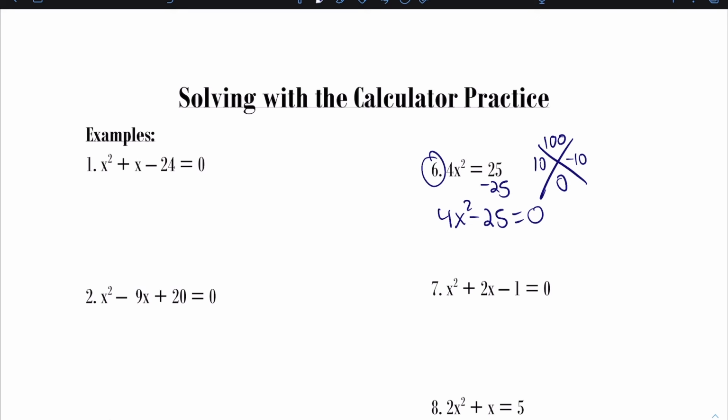We want them to add to be 0, so we need them to be the same thing and cancel out each other once we add them together. Those are the factors, but then we'll divide them by 4, which means that this is going to change to be x plus 10 over 4, x minus 10 over 4 equals 0.